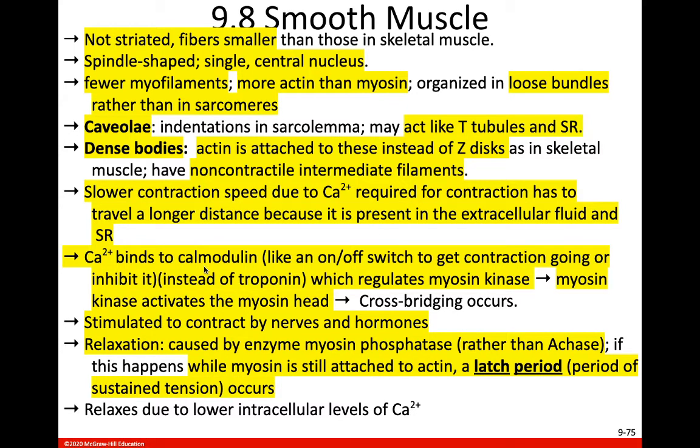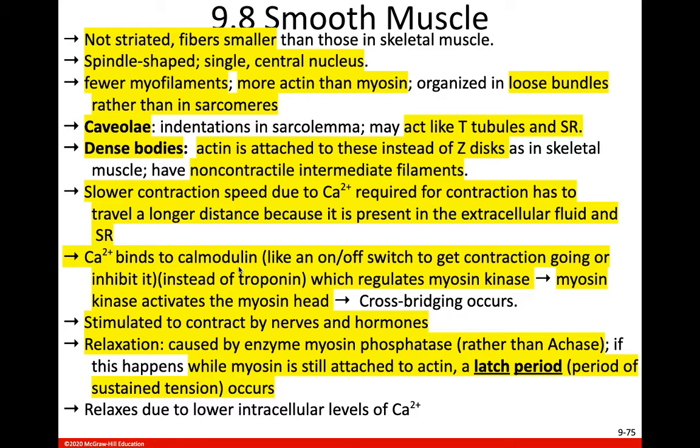Also, in skeletal muscle, remember that calcium binds to troponin. Troponin moves tropomyosin away from actin's active sites so that myosin can bind to actin. Well, in smooth muscle, there is no troponin. Calcium binds to calmodulin. Calmodulin serves as kind of an on-off switch to either get the contraction going or to inhibit the contraction.